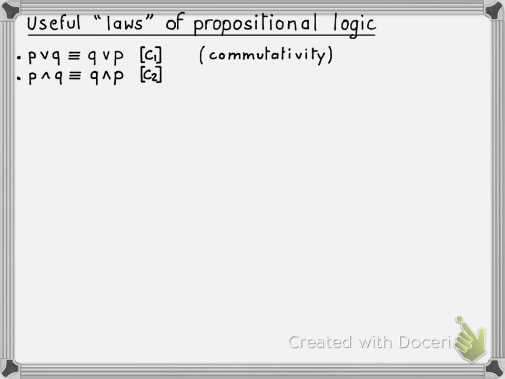But you can also remember this law by translating it again into arithmetic. This time you replace the conjunction operator with the multiplication operator to get the well-known commutativity law of multiplication, namely x times y equals y times x.